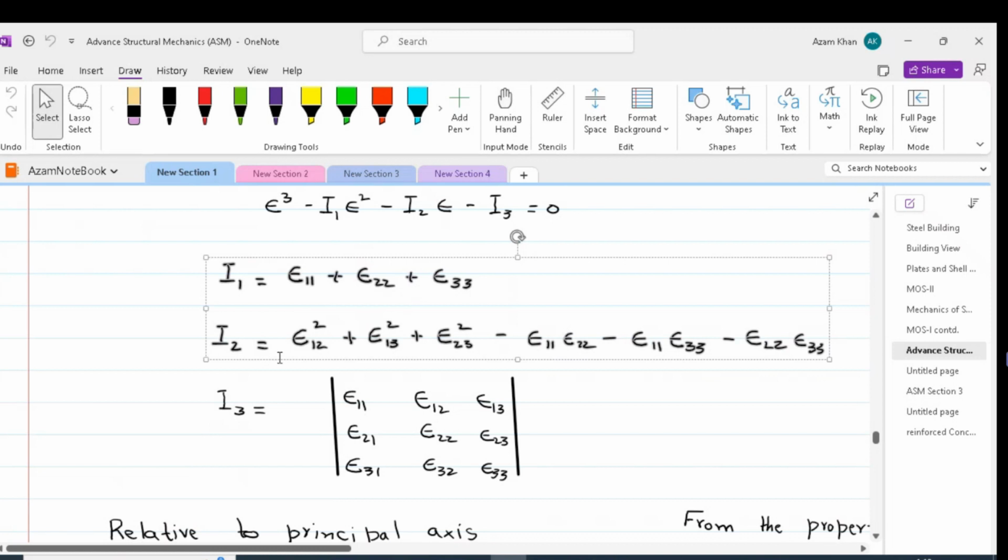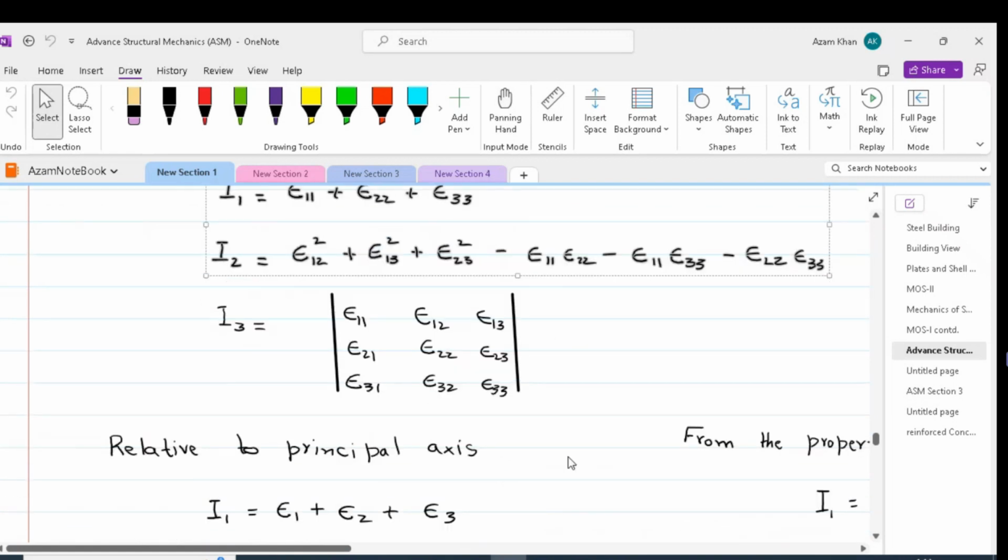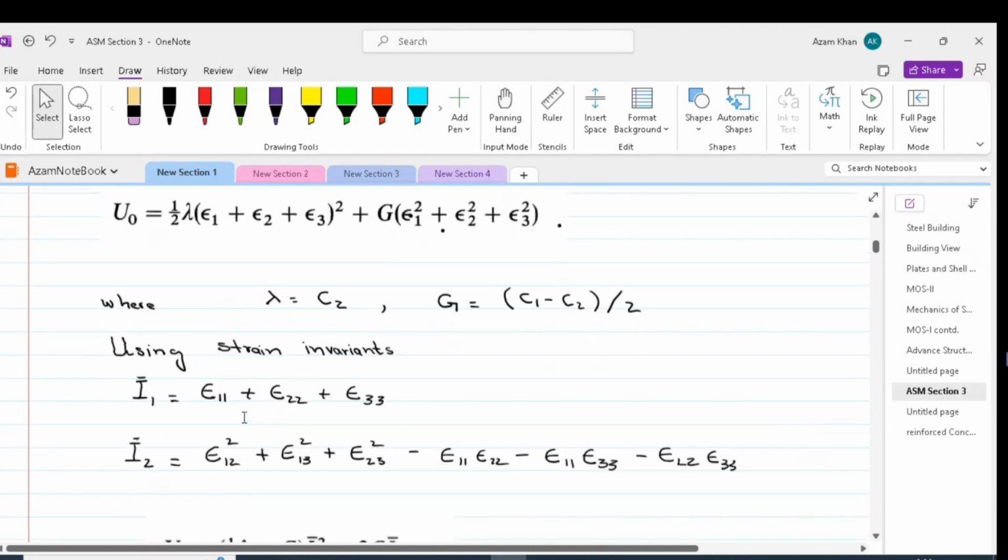And the second invariant looked as strain 12 square, strain 13 square, strain 23 square, minus strain 11 strain 22, minus strain 11 strain 33, minus strain 22 strain 33. So the second invariant dealt with the shear strains, and the first invariant dealt with the axial strains. So we can bring our strain energy density in terms of I1 and I2.